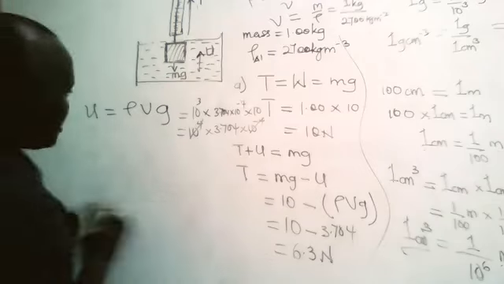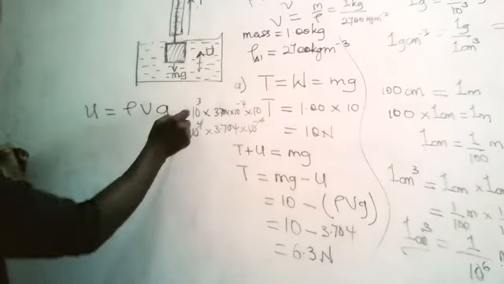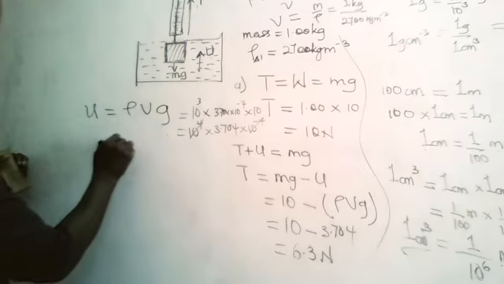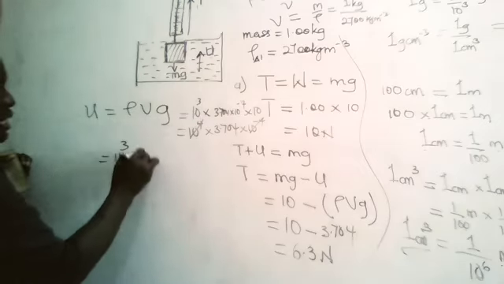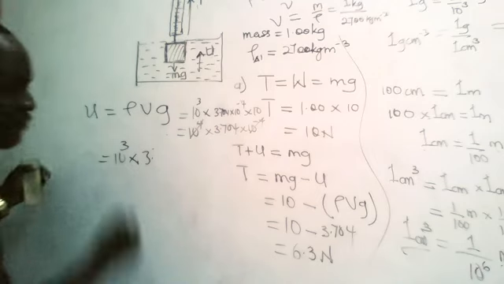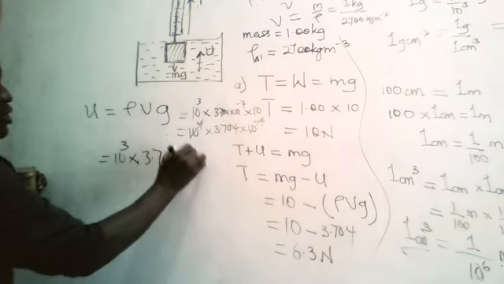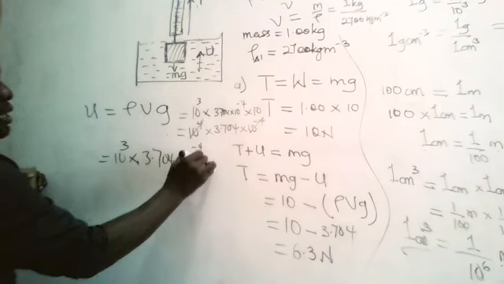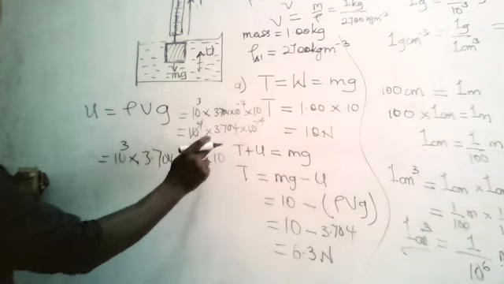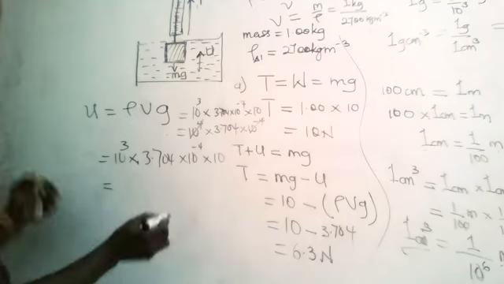No. You see, the density of water is this. The volume of water displaced is 3.704 times 10 to the power -4, then times gravity 10. Mr. Dear, I don't understand.